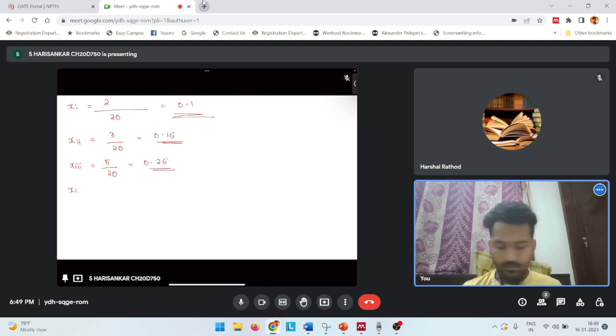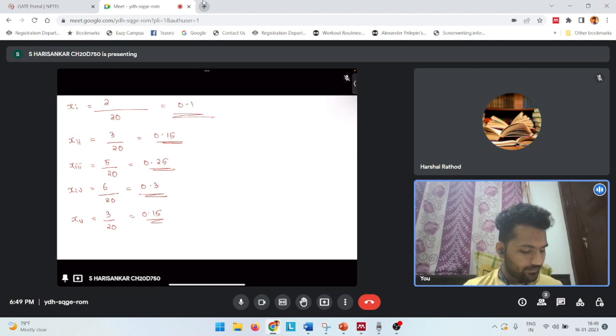X4 will be 6 divided by 20, and that will be 0.3. X5 will be 3 divided by 20, and that will be 0.15. And X6 will be 1 divided by 20, and that is 0.05.